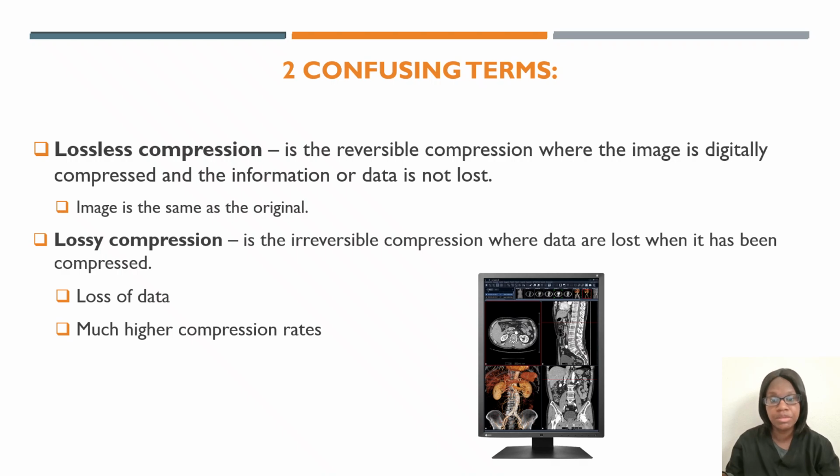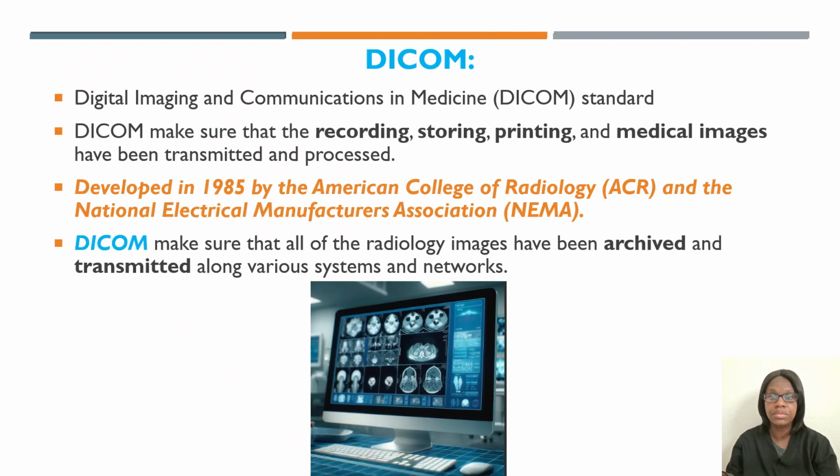This is the irreversible compression where data are lost when it has been compressed. So for lossy, you have loss of data, and then you have much higher compression rates. So those are two confusing terms. So just rewind the video if you need to, or pause it to make sure that you know these terms.